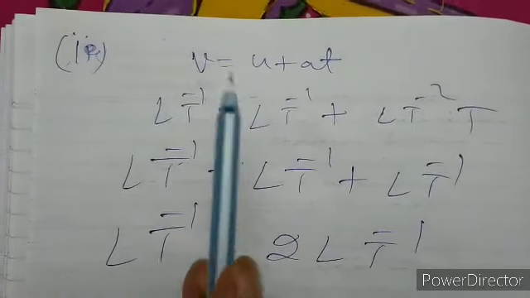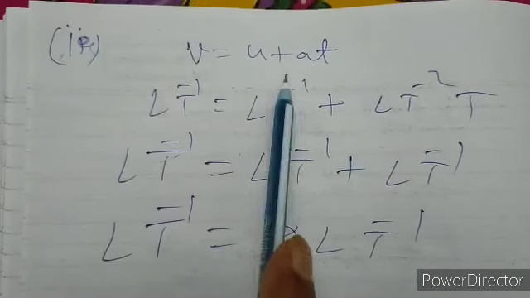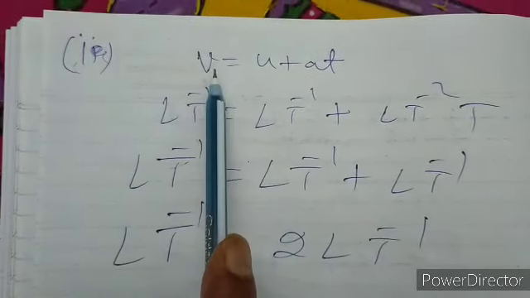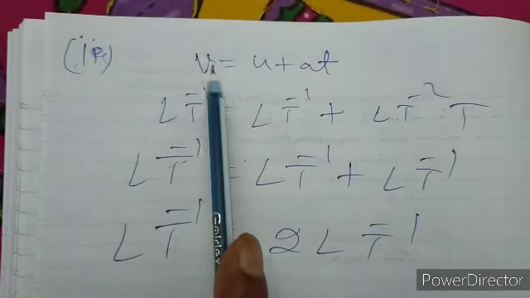Taking one example, the first equation of motion: v is equal to u plus at. Now v is final velocity, u is initial velocity, a is acceleration, t is time.